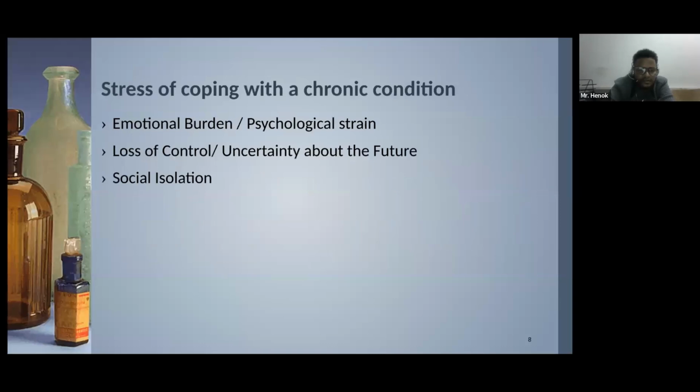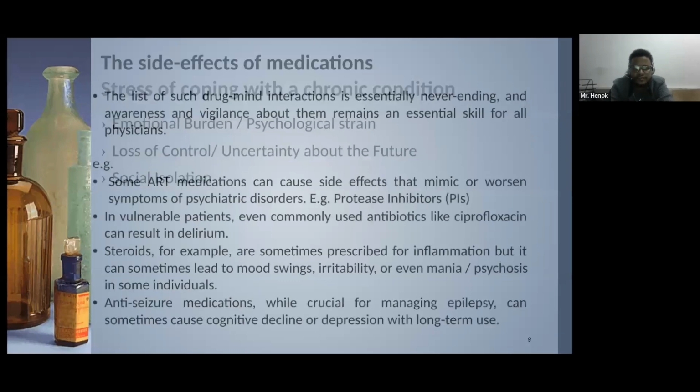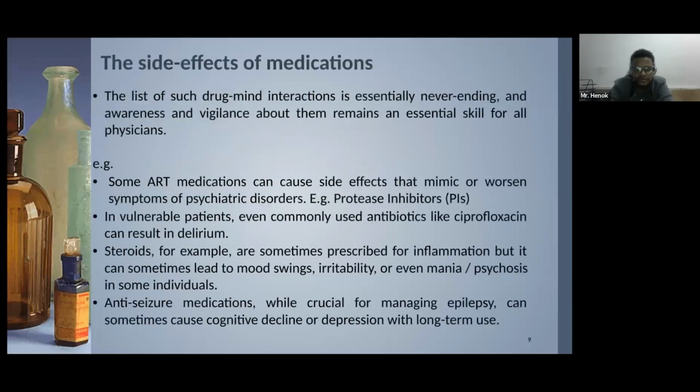The loss of control or uncertainty about the future also contributes to the development of mental illness in this group. And the social isolation related to medical conditions can contribute to the development of mental illness in this group.